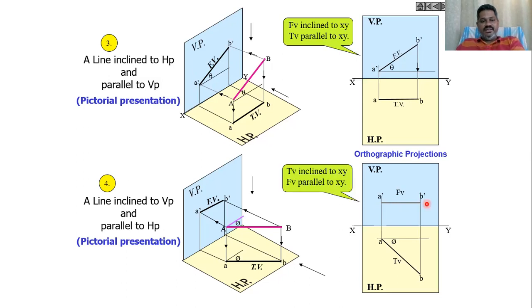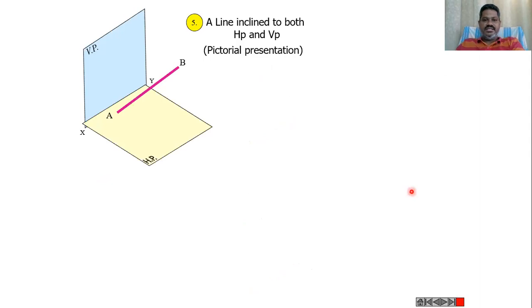Then similarly, we have another case, when the line is inclined to both planes. This is the fifth case that we have not seen as of now.